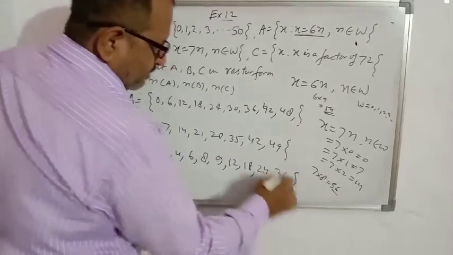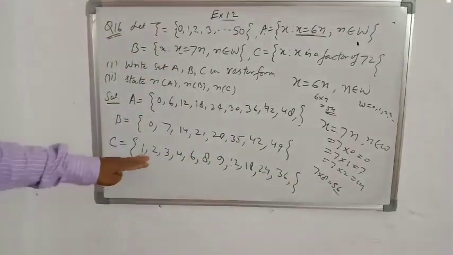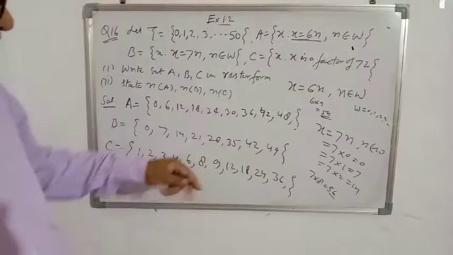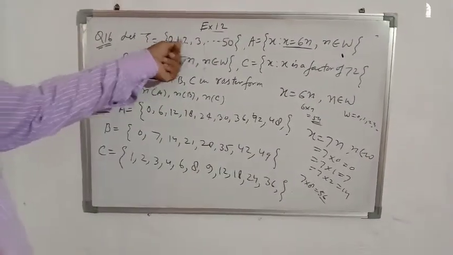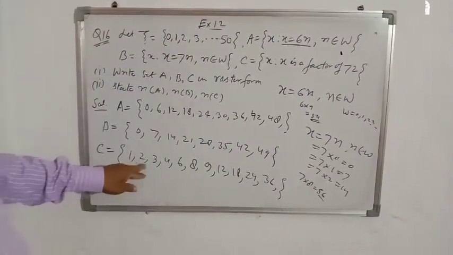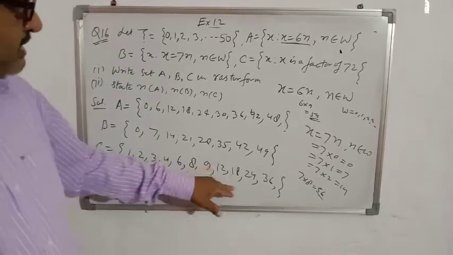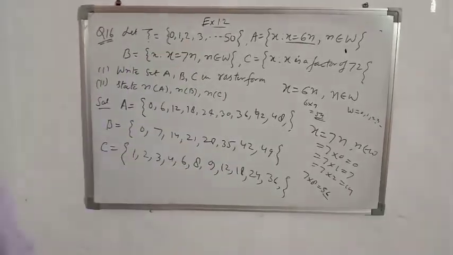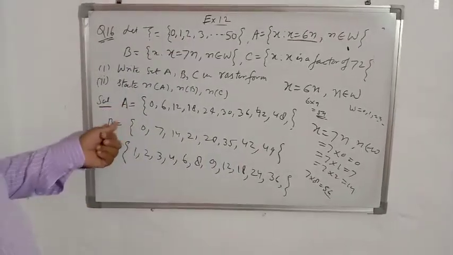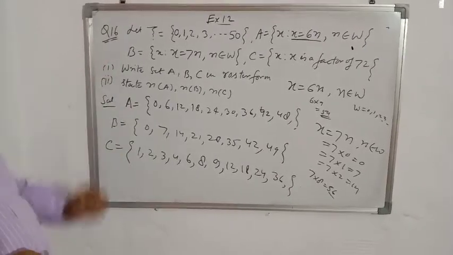We have to take up to only 36. So these are the factors of 72, and these factors we have to take from the universal set. So this is the set A, B and C. It is the first part answer.